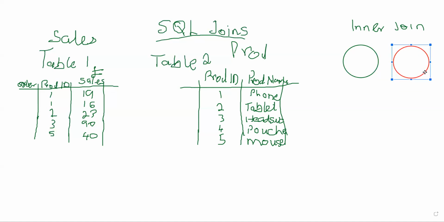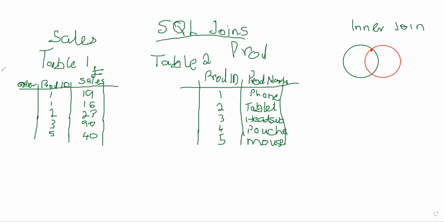So these are 2 tables. Now what happens with inner join is this table and this table joining at this point. What they have together in common is what we call inner join.